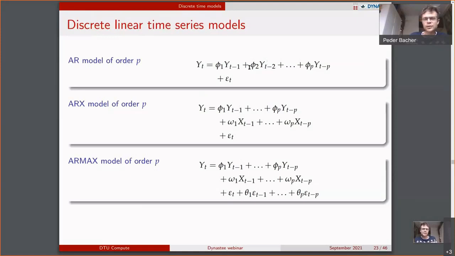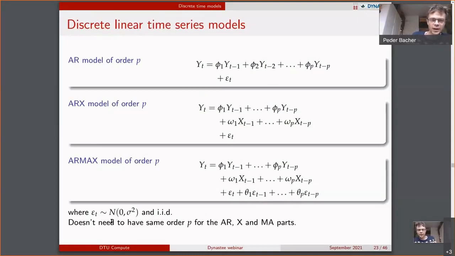If you have up to P RC parts, you would need a model of order P. Same assumptions, of course. We don't need the same order for the AR, X and MA parts; here it's just formulated with the same order for all of them.